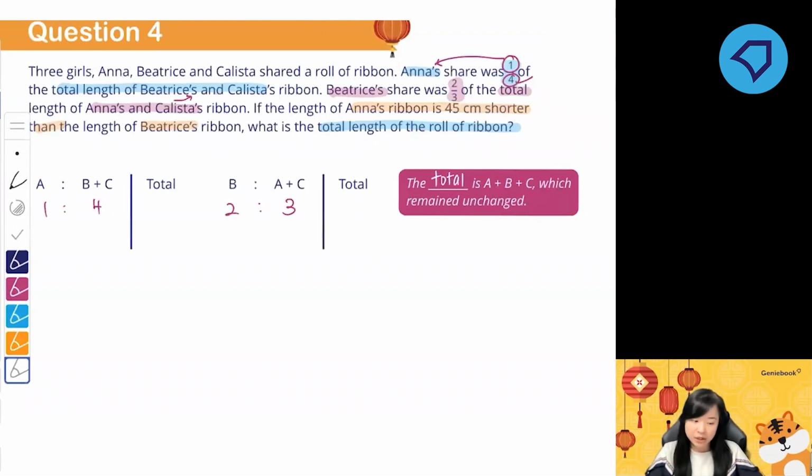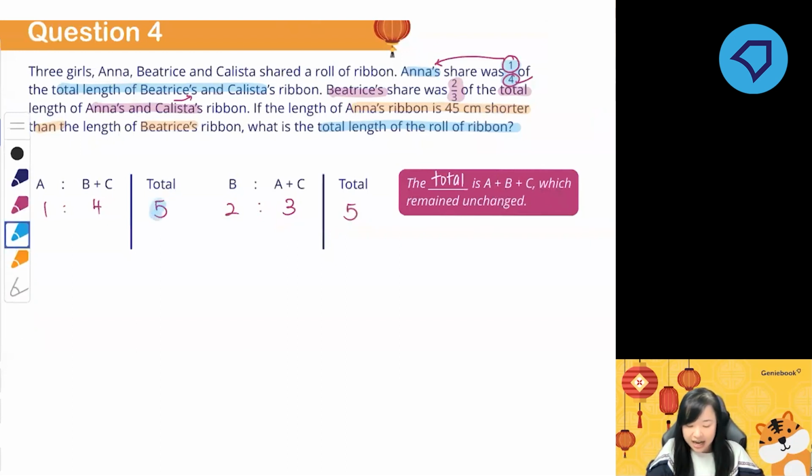Can you tell me now what's the total for the first set here? 5. What about the total for the second set? 5 as well. And if they are already the same, they are making life easy for you. So we don't have to make them the same because in the first place, they are already the same.